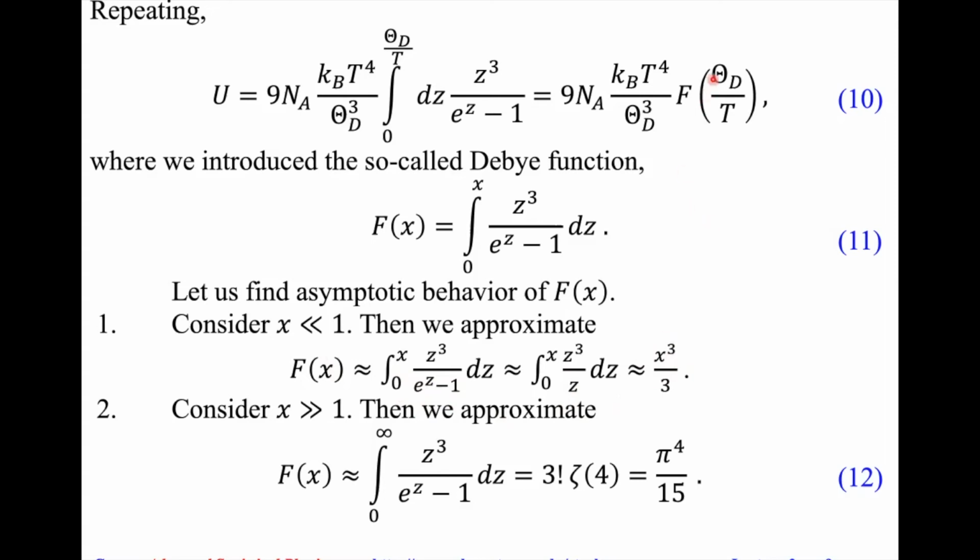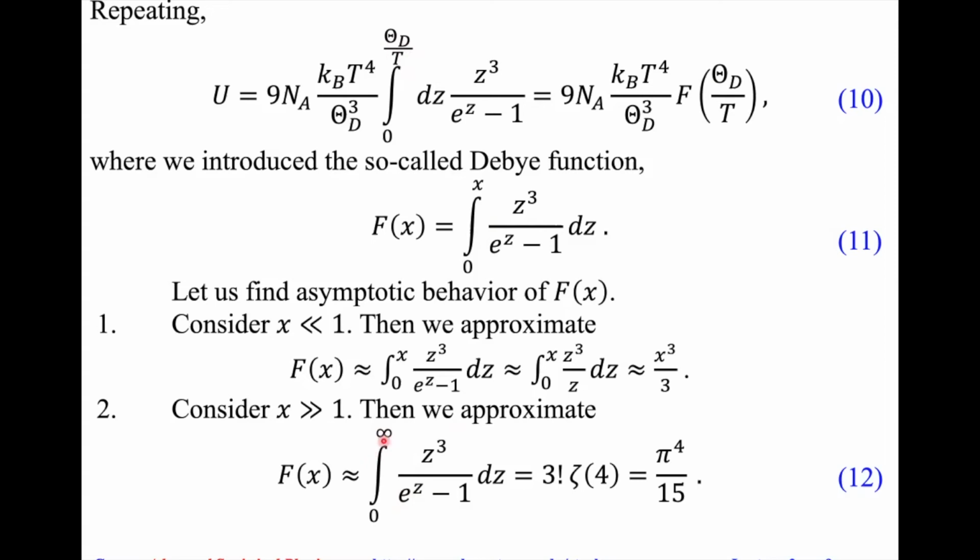The opposite case, when the argument is very large, temperature is very small, is the extreme quantum mechanical limit. In this case, we can replace the upper limit, which is very large, by infinity, and this function converges very well because of the exponential. The error would be exponentially small.